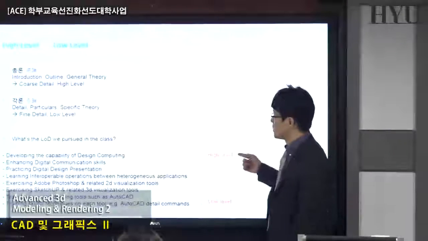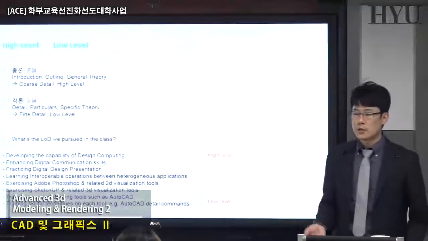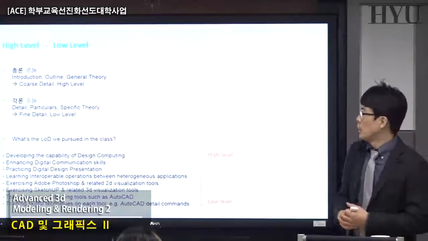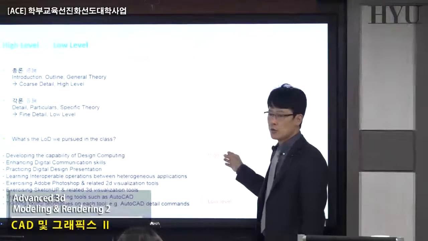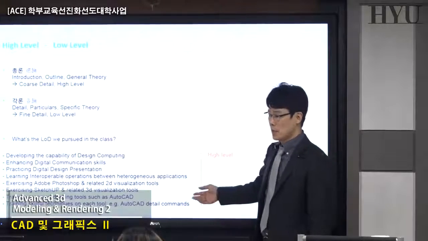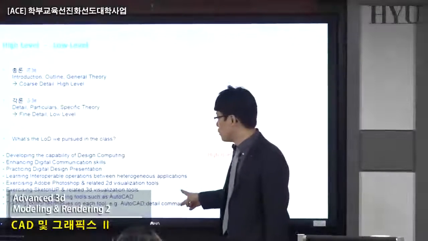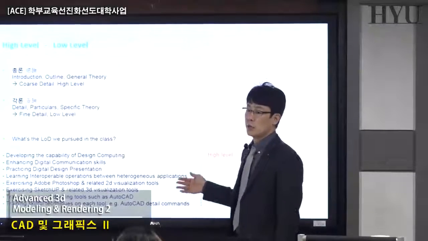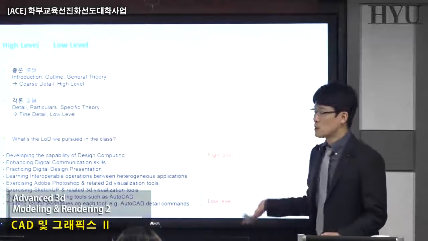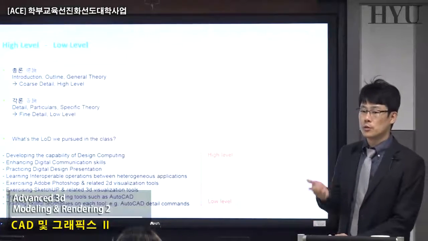So the comparison between high level and lower level is very straightforward. Anyway, we need to stick to some high level issues, but in reality, in lab exercises or your final project, you have to know the detailed level. There are a lot of detail issues, so we have to focus on what you need and what you have to do.